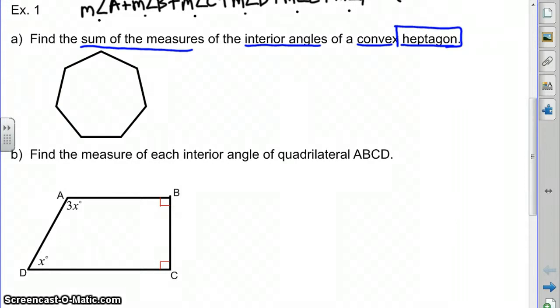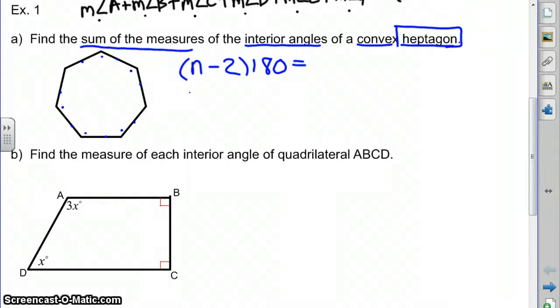So I have a heptagon, 1, 2, 3, 4, 5, 6, 7 sides. Using the interior sum theorem, I know that the number of sides minus 2 times 180 degrees will give me the total if I add up all 7 of my angles.